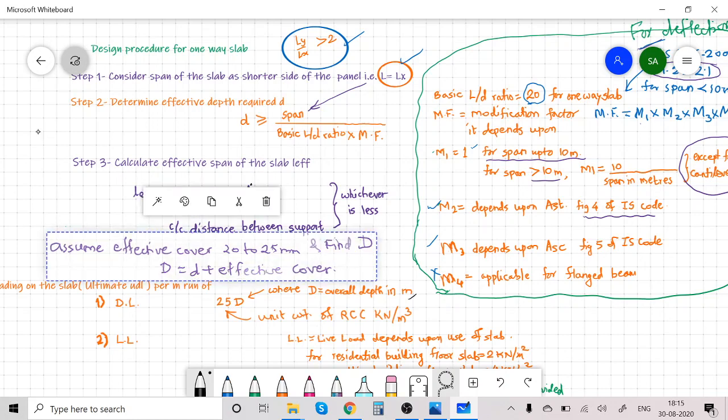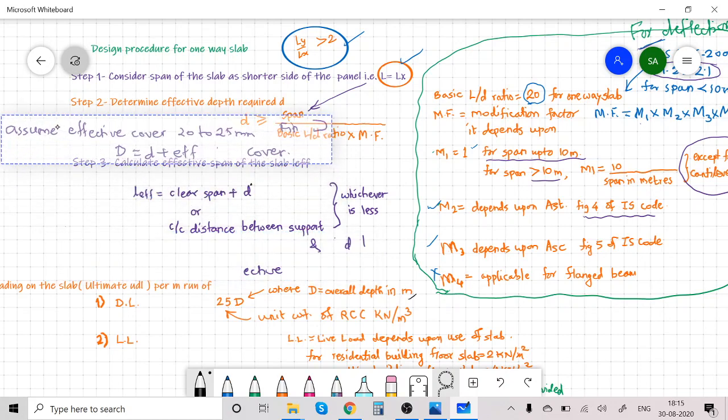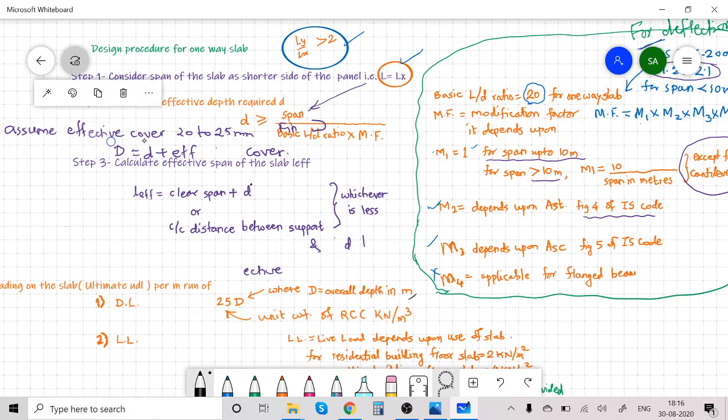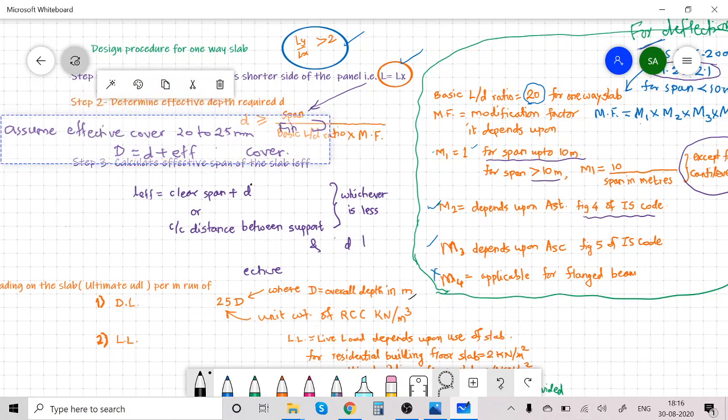So remember, assume modification factor between 1.4 to 1.6 if it is not given in the examination.